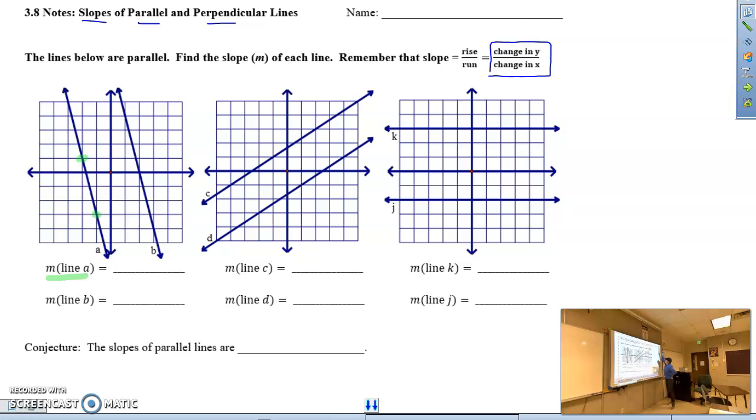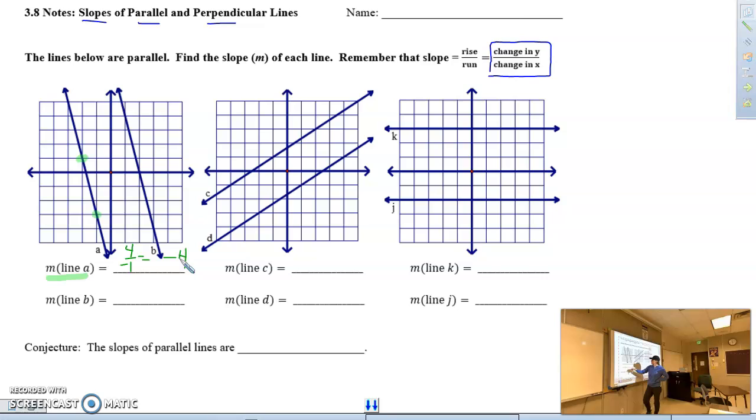From the lower point, I count up 1, 2, 3, 4. So my rise is 4. And then over, I'm going left 1, so that's a negative 1. So my slope is negative 4 over 1, or 4 over negative 1, and you can simplify that to just negative 4.